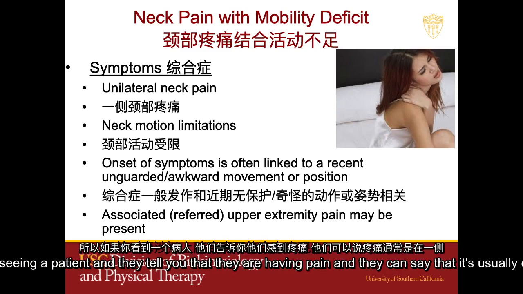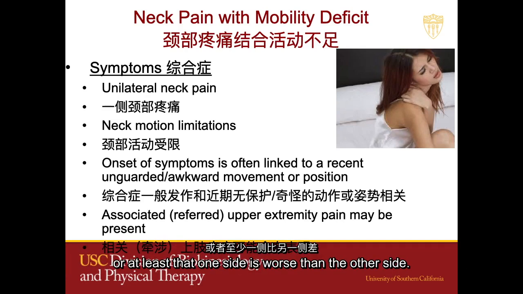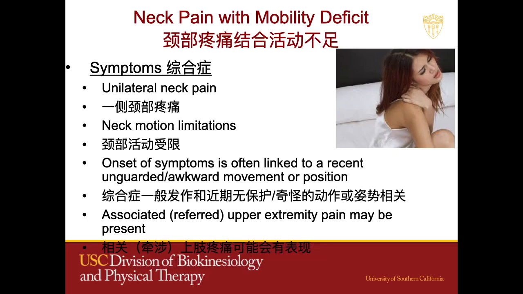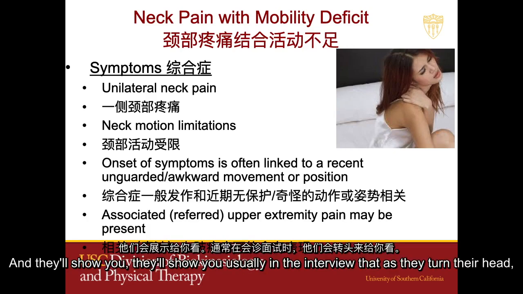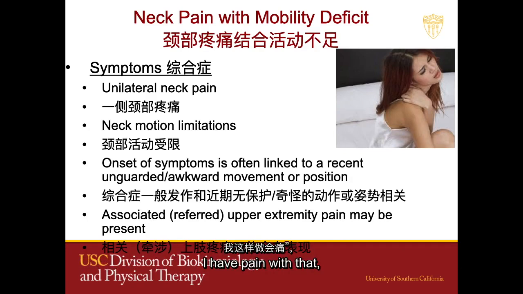So if you're seeing a patient and they tell you that they're having pain, and they can say that it's usually on one side, or at least that one side is worse than the other side. And they'll show you usually in the interview that as they turn their head, they'll say, yeah, I have pain with that. Or if I try to extend my head, I have pain with that. So those are very common things to say.